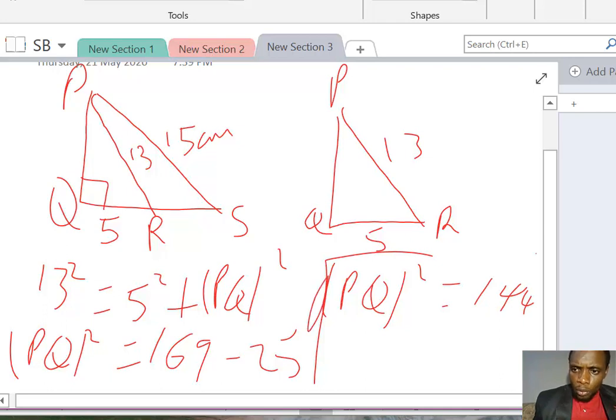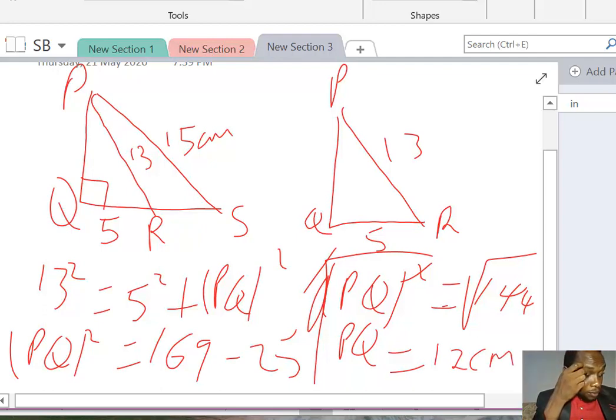So find the root of both sides. PQ will be equal to the root of 144. That is 12 centimeters.